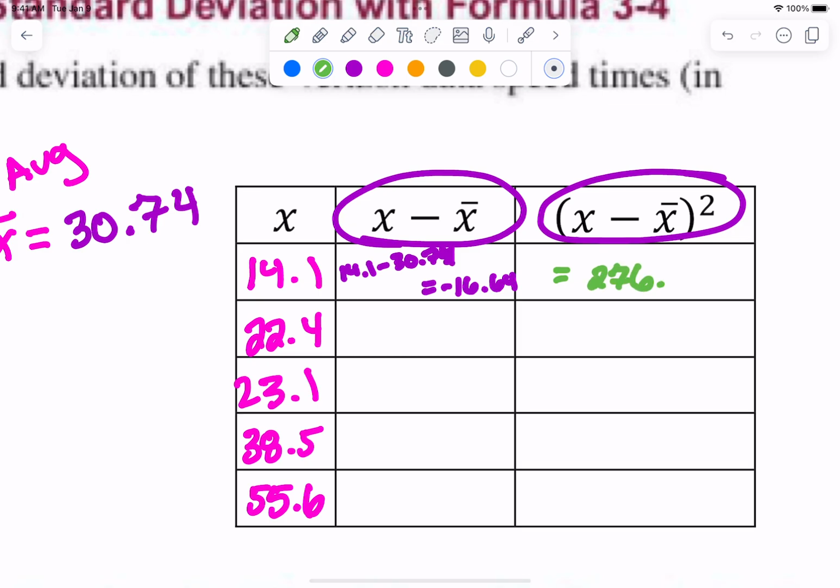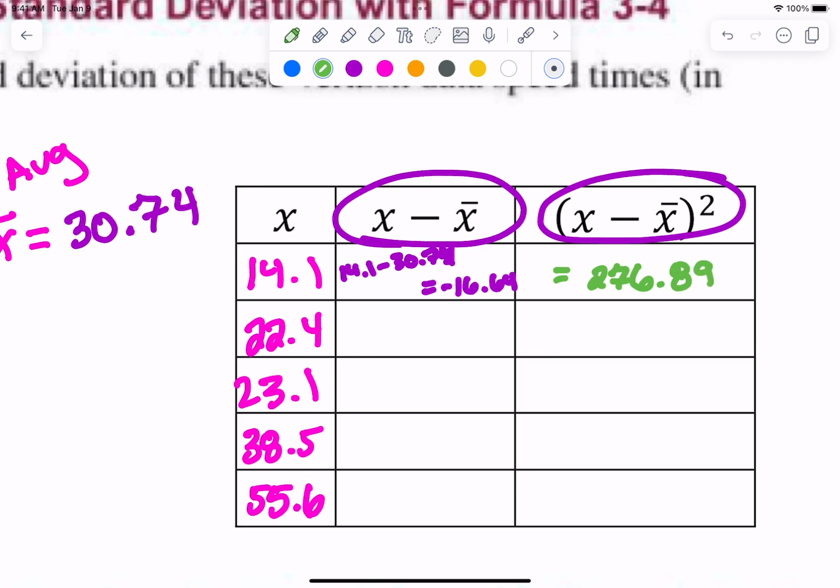Why did mine stay negative? It's because you don't have it in parentheses. When you hit the square button, if you just square this number, it's going to include the negative on it because it's not taking the whole thing into parentheses. So if you choose to do that, just leave the negative off. Okay, perfect, 276.89.